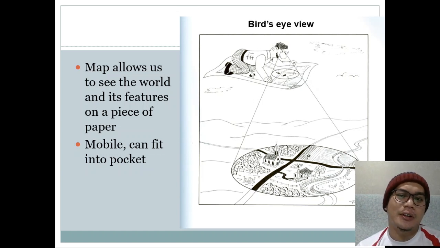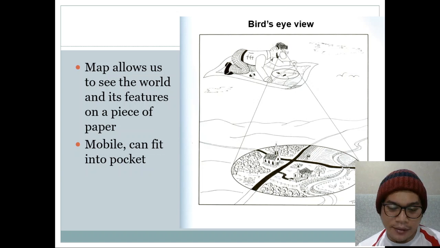Because we want to have a bird's eye view from above, so that we can easily figure out any physical features which are seen or could be indirect, direct or indirect properties on the map that we can analyze and that also give us information.